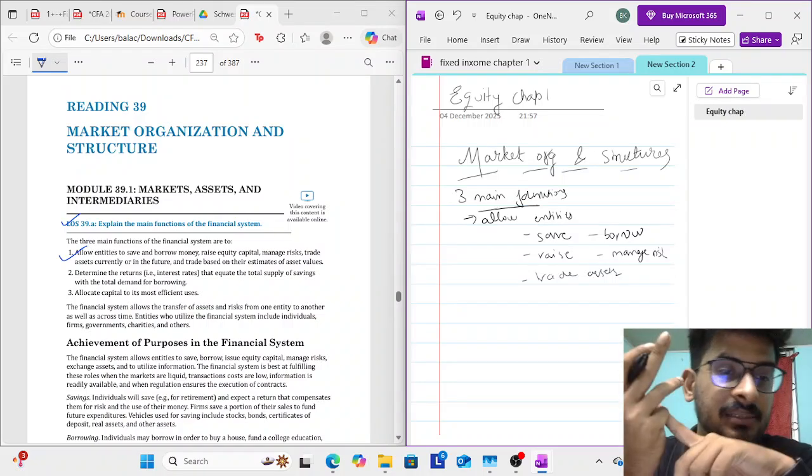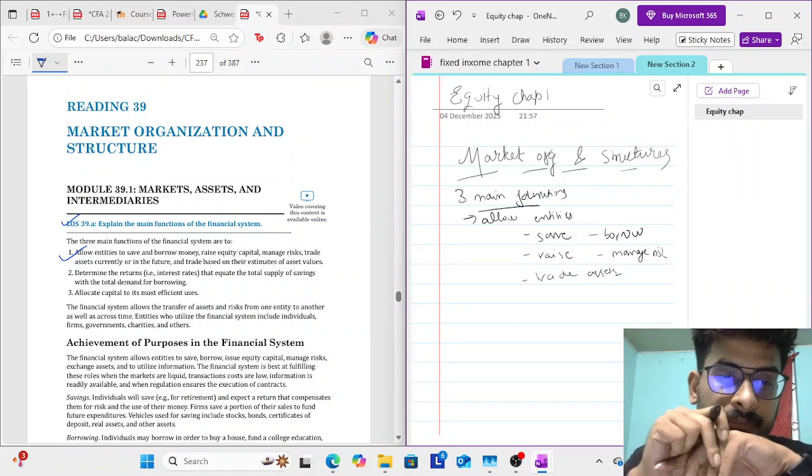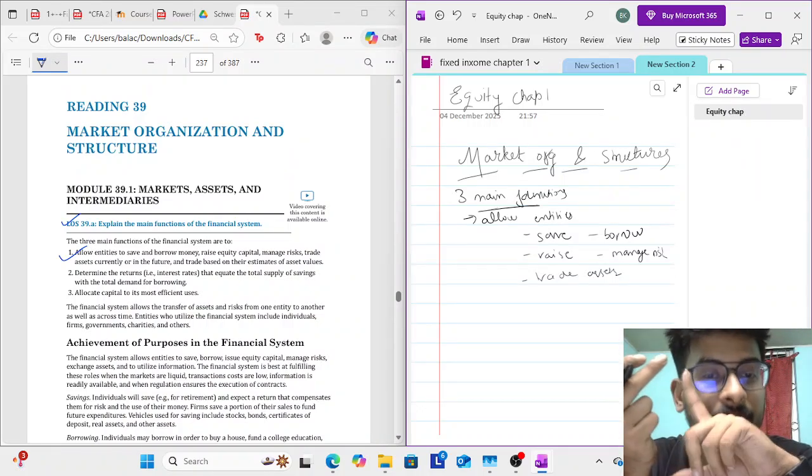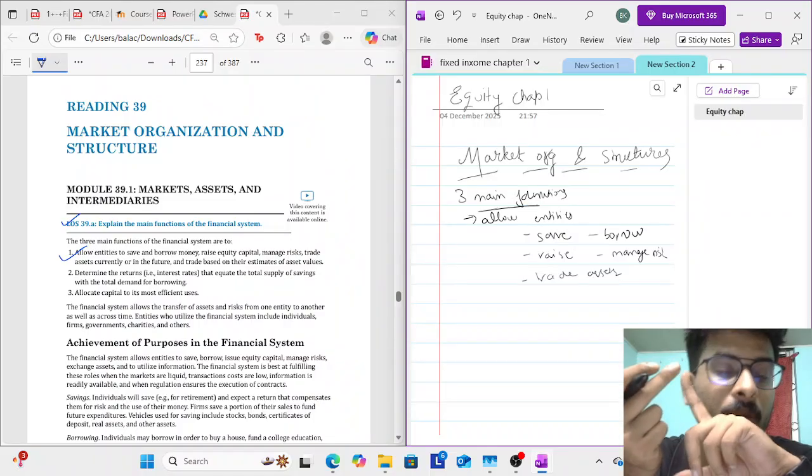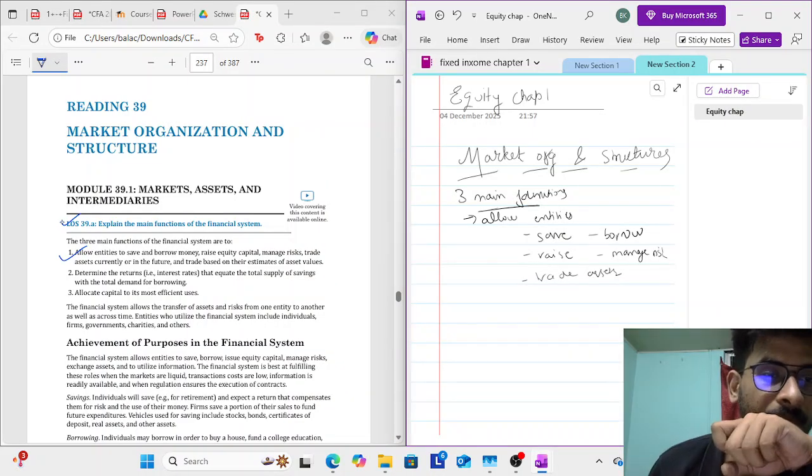Now second is to determine the returns, that is the interest rate, that equates the total supply of saving with the total demand for borrowings.